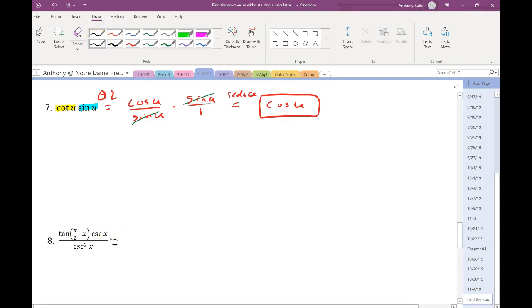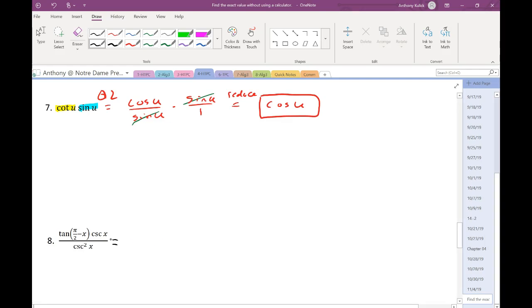Let's look at the next one. When I look at that, something jumps out at me immediately. There's an identity that I want to use straight away. Brockton? One of the what ones? The cofunction. Yeah.